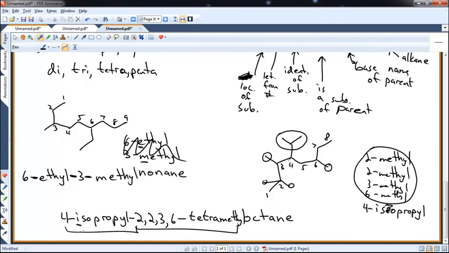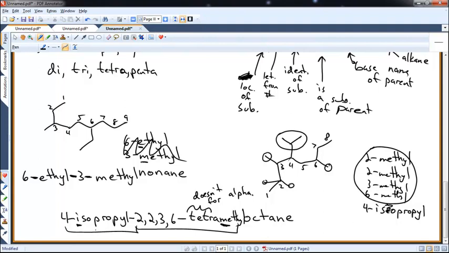I for isopropyl, M for methyl. The multiplying prefix doesn't count for alphabetization. You talk about the identity of the group. So I comes before M, and so it should go first. It also comes before T, so it's not a perfect example. But I comes before M, that's the comparison that you want to make.